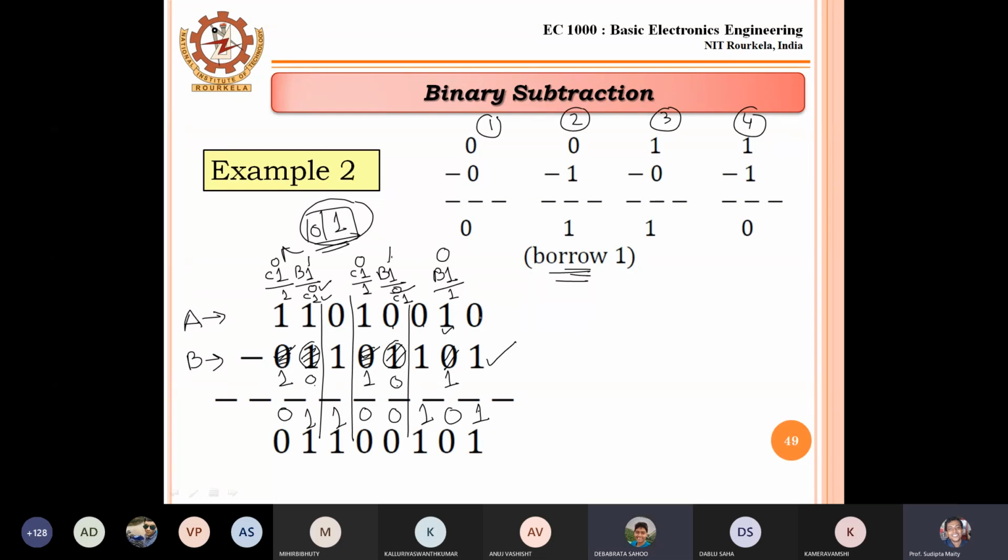This 0 minus 1, this step's result is 1 and borrow 1. Now this borrow has to be added with the B bits. B is the bottom one, so here we have 0. So 0 plus 1 means 1. This one I have written again over the borrow here. 0 plus 1, again borrow 1 we have to do. Where is this borrow 1 coming from?